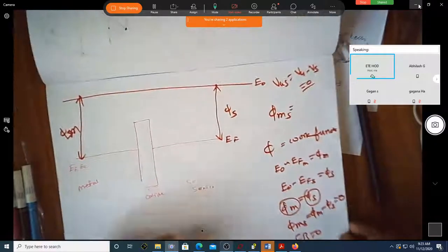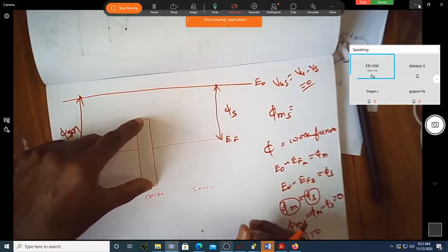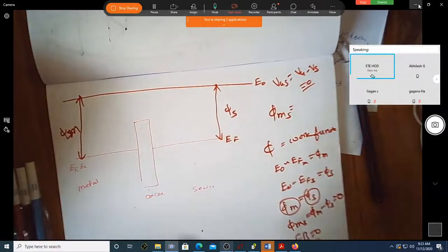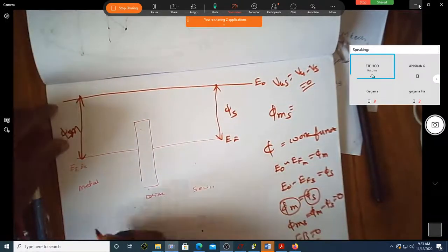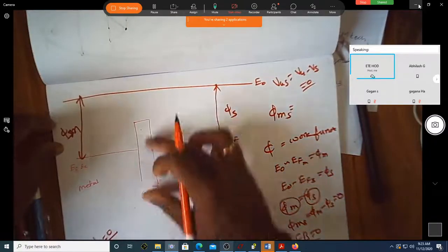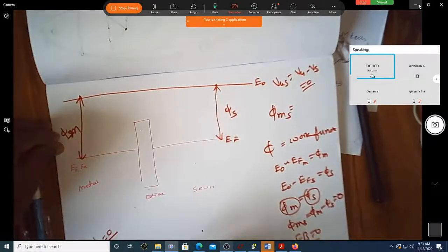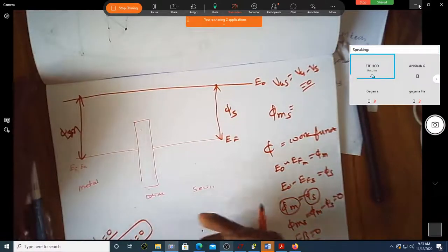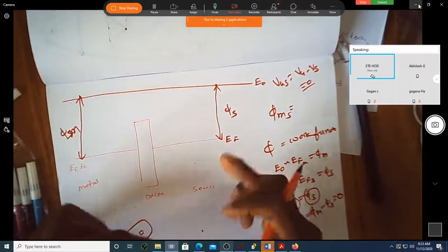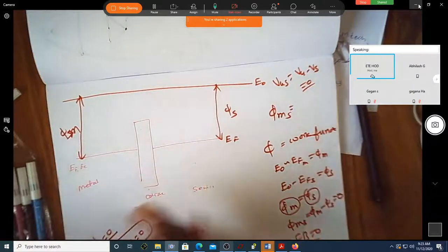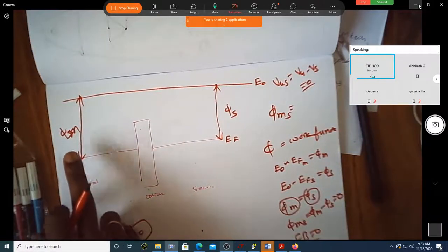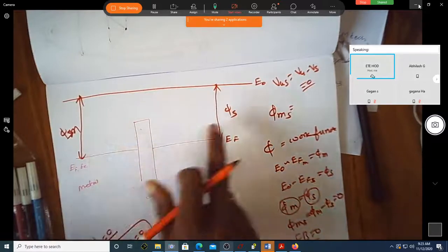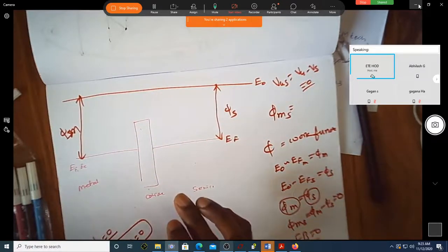Meaning, to make the band flat, you are not supposed to apply any voltage. Because with Vg equal to 0 itself, is it already flat? That's why we say this has a flat band voltage of 0, meaning it doesn't require any extra voltage to make the band flat because it is already flat without any voltage. Because the work function difference between metal and the semiconductor is 0.